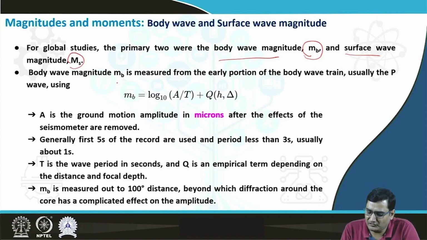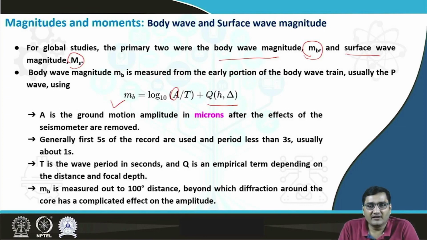The body wave magnitude scale in empirical form can be represented by this expression: mb is equal to log base 10 of A by T, plus Q of h comma delta. Q is an empirical term that depends upon the distance and the focal depth of the earthquake. A is the ground motion amplitude in microns after you remove the effect of the seismometer.